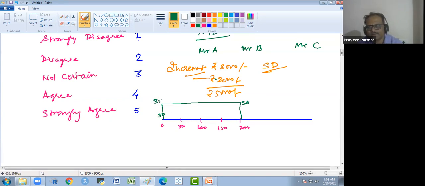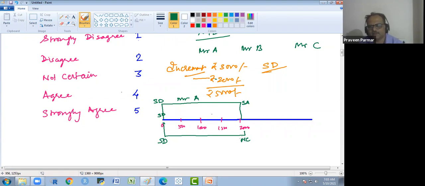He was strongly disagree, and this is about Mr. A. And Mr. B, who was also strongly disagree at an initial stage, now with this additional 2,000 just switched to not certain. Okay, so we know that not certain is 3.